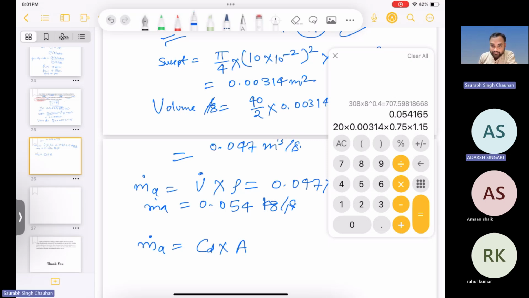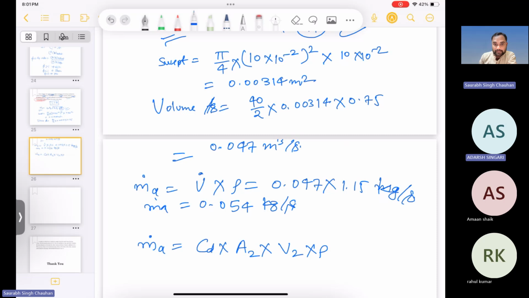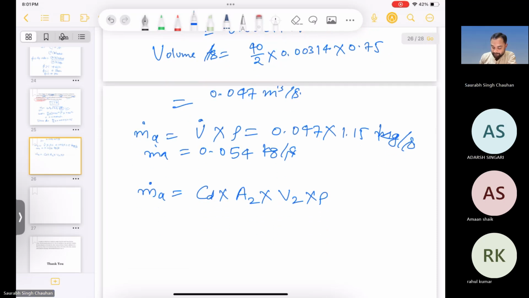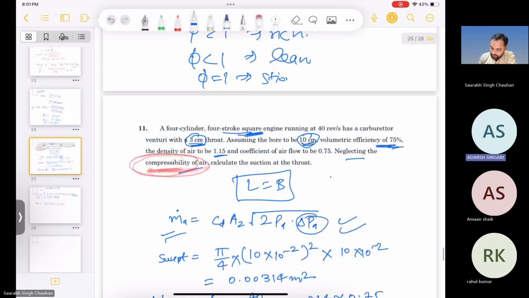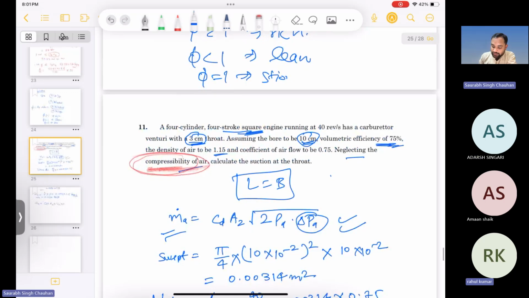Area, so A2 is basically the throat area, into what? Velocity, right? And density, right? Correct. But coefficient of flow is given to be 0.75.